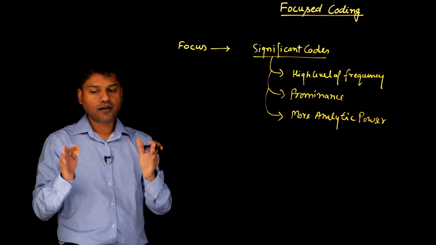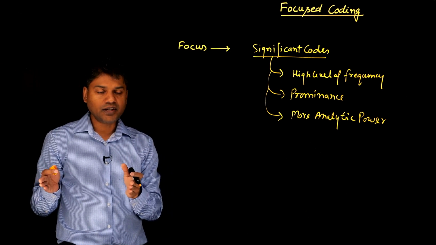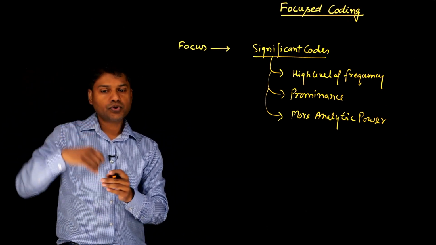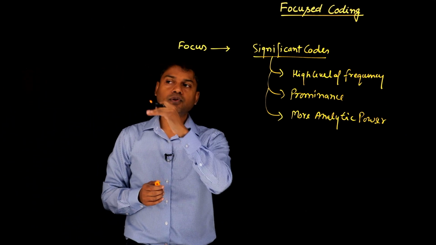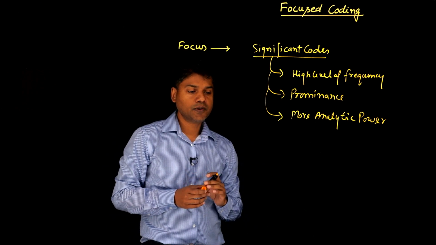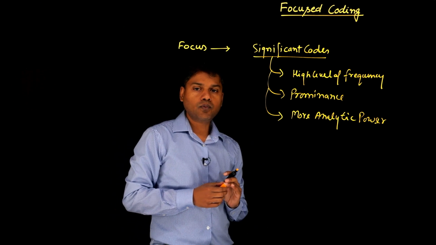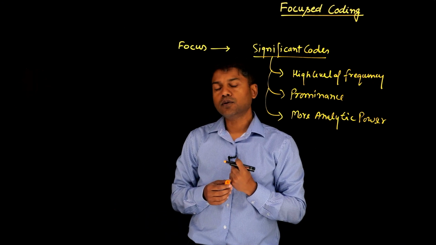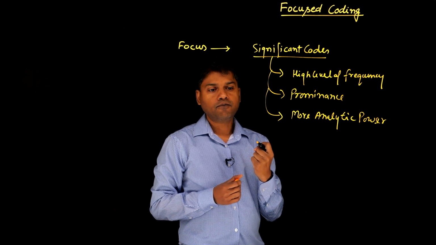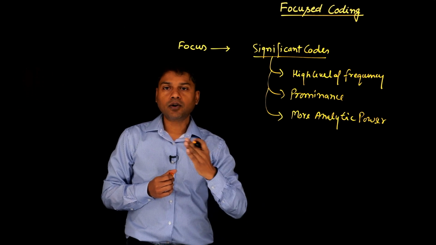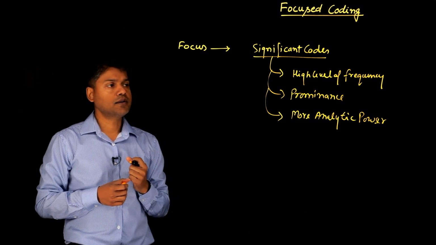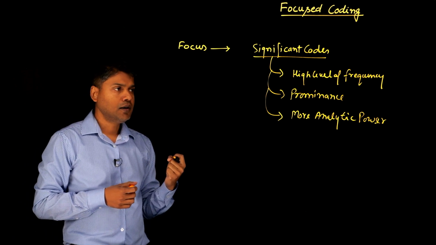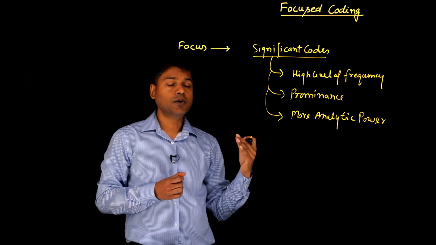So you start with your initial cycle of coding data. You have, let's say, 20, 30, 40 initial codes. And then you make a list of these codes, look at all of them, and ask yourself, what are the codes that have more power? What are the codes that are frequently appearing across all participants? What are the codes which can explain the phenomenon more deeply, more holistically?